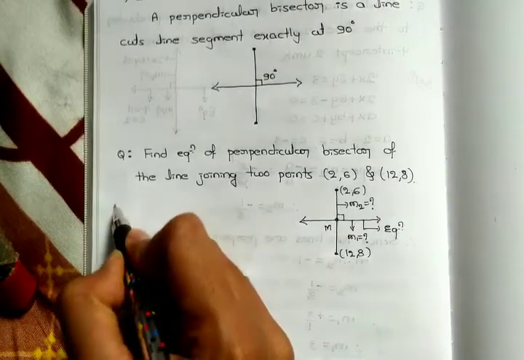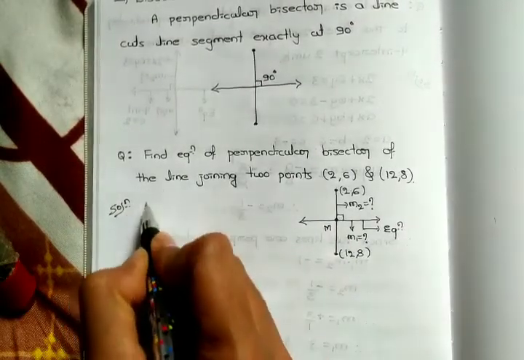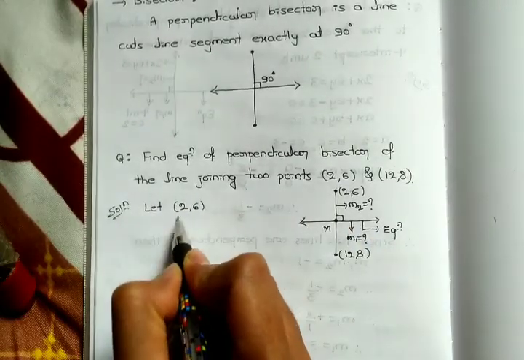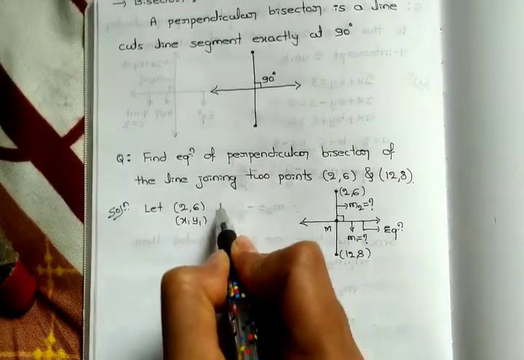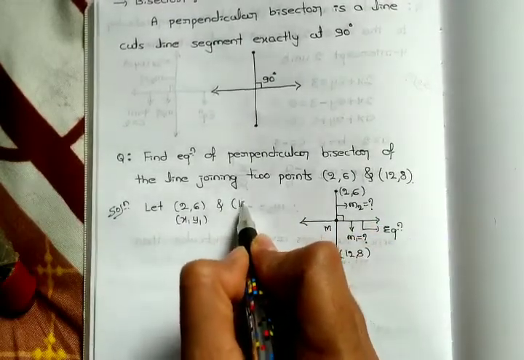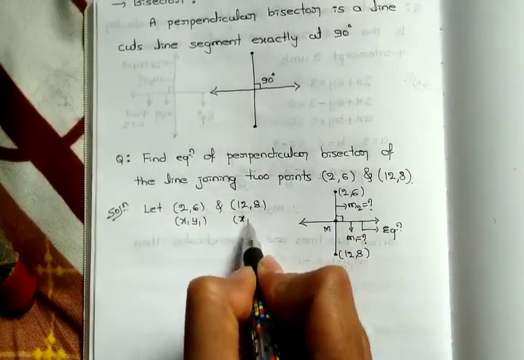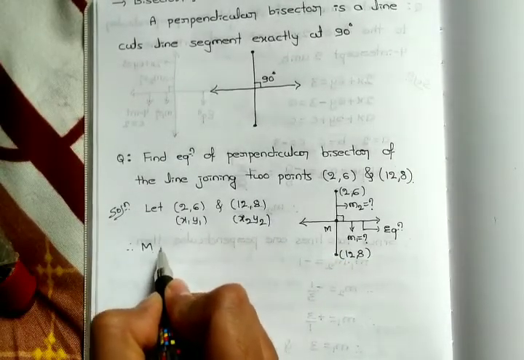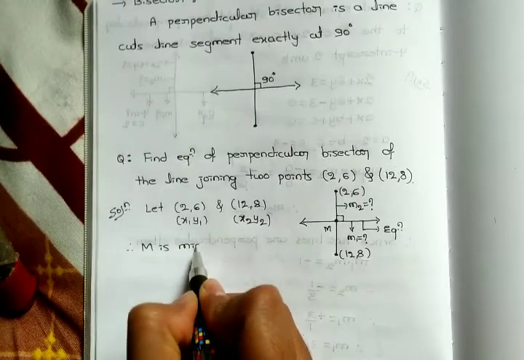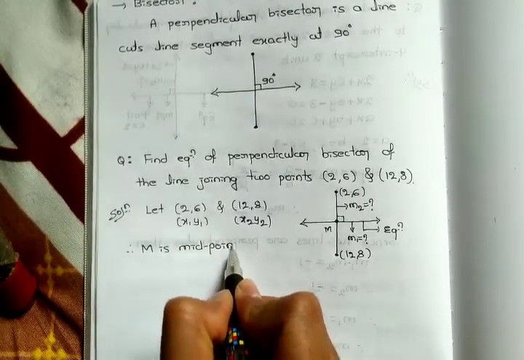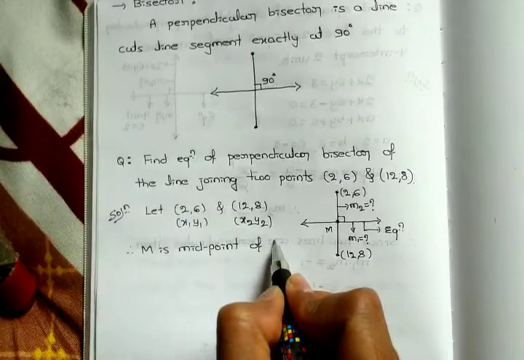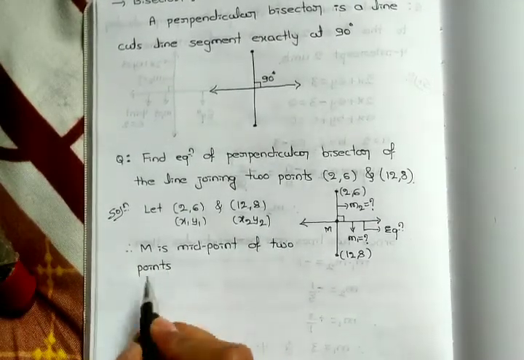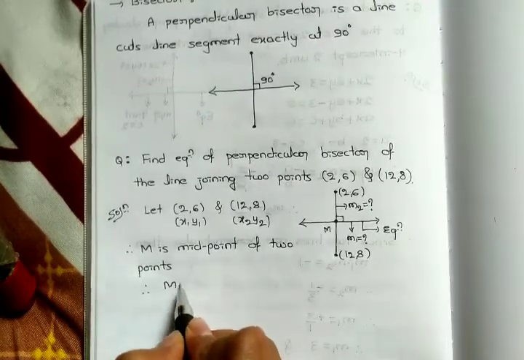Solution. Let the first point (2, 6) be x1, y1 and (12, 8) be x2, y2. Therefore, M is the midpoint of the two points.